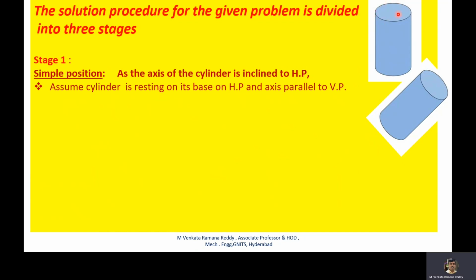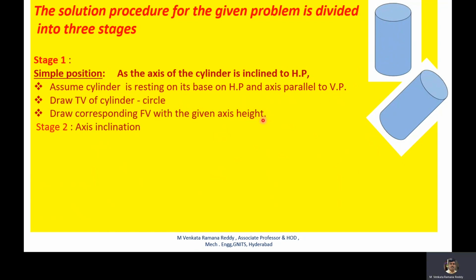Then after drawing the top view, we'll draw the corresponding front view. In front view we'll get the true length of the axis in simple position. Then we'll move to the second stage, where you'll get the axis inclination.